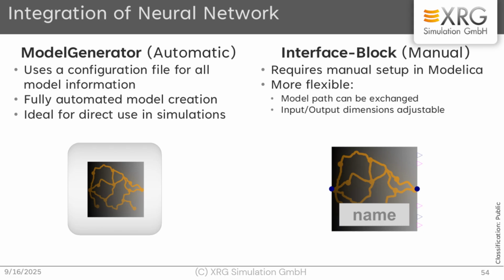This offers us a little bit more flexibility because we can easily exchange the model by just defining another path or switching input-output dimensions. But the automatic one is, I think, a little bit more convenient if you just want to directly use your model inside Modelica.